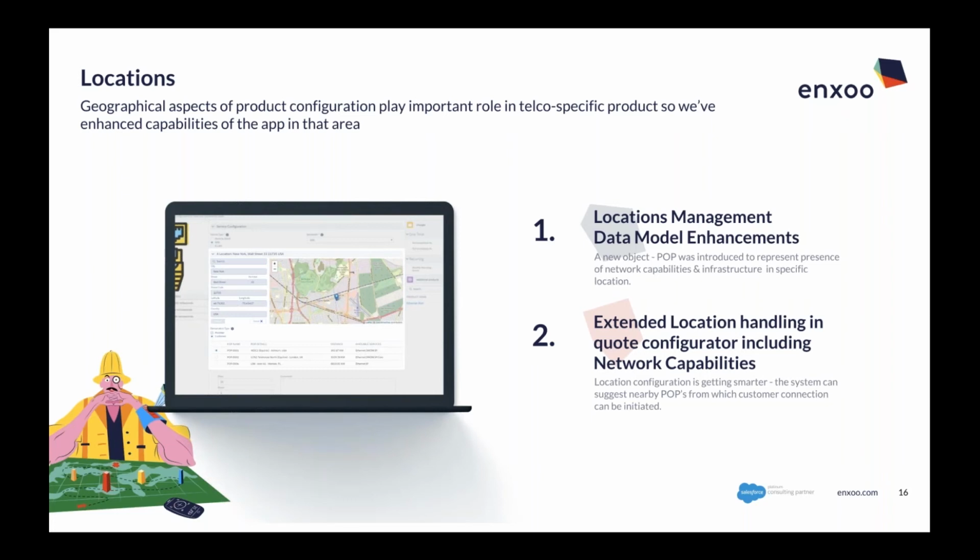So in order to do it, we are slowly trying to build in our platform a functionality that will allow telecom companies to have a high-level overview of their network capabilities within the Salesforce platform.